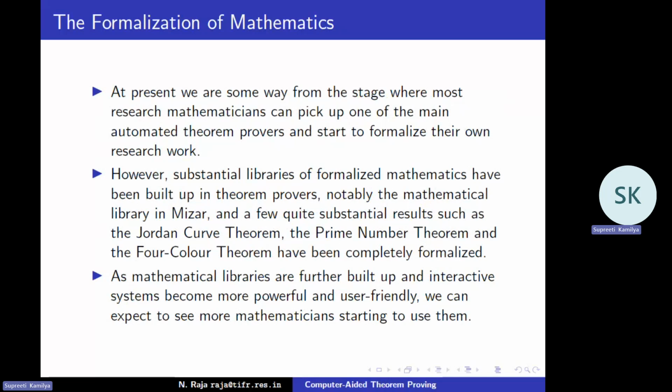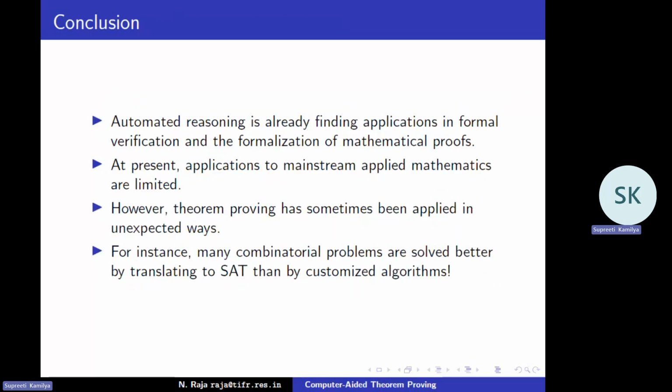I just put out a few names here. As mathematical libraries are built up more and more, these interactive systems will become more powerful and user friendly, and we can expect to see more mathematicians using them rather than just computer scientists or logicians.